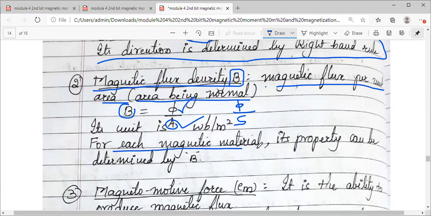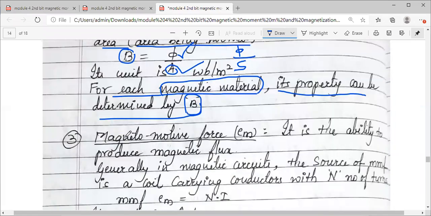For any magnetic material, its property we can determine by the value of B. Magnetization, magnetic moment, many properties of any magnetic material we have already studied in this module. Those things we can determine very well with the help of magnetic flux density.